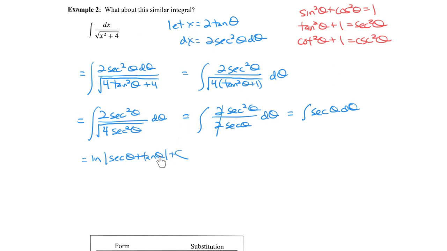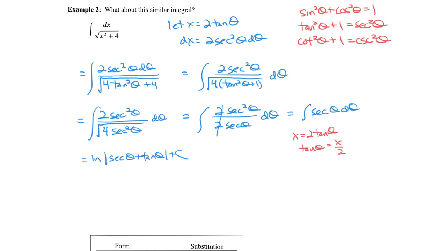So what we're going to do is get rid of these thetas and put the x's back. We're going to start here with this original substitution that said x equals 2 tangent theta. So what that means is that tangent theta equals x over 2.